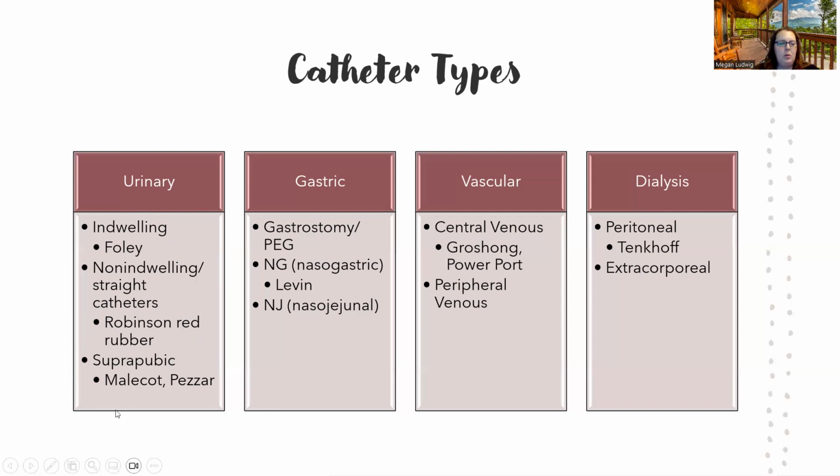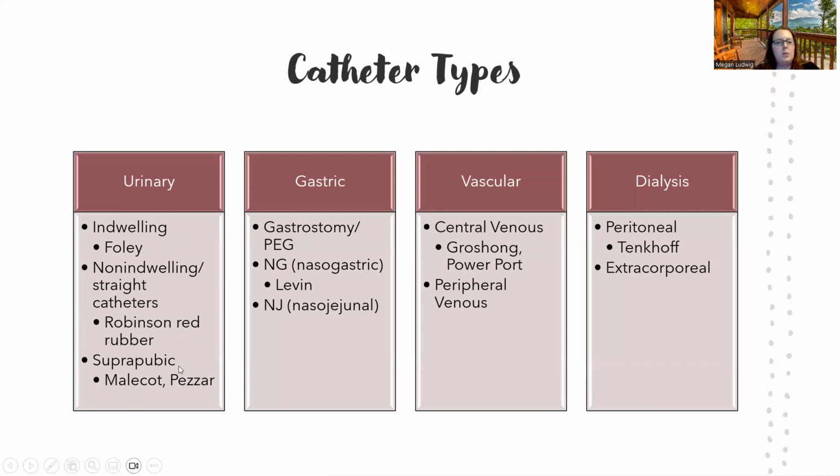And also in this category, you're going to have the suprapubic catheter. So this supra means above. Sometimes, let's say the patient had surgery on the bladder itself, or something happened to the urethra, cancer, who knows?